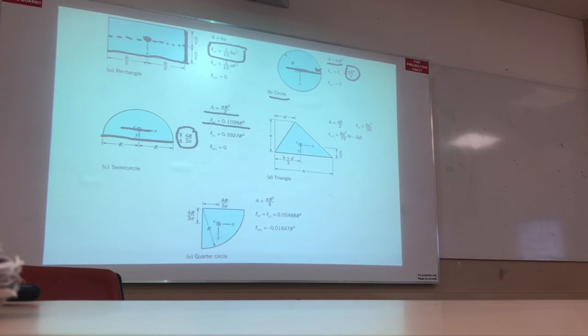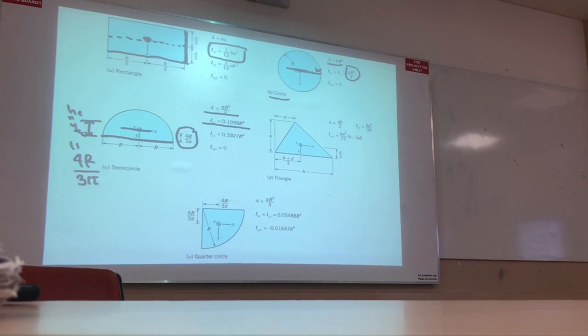Alright, this is hc or yc. So yc for the semicircular case, from here to here, this is yc or hc, same thing, and this value is equivalent to 4r by 3 pi.